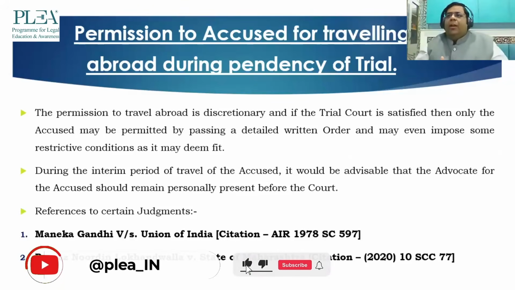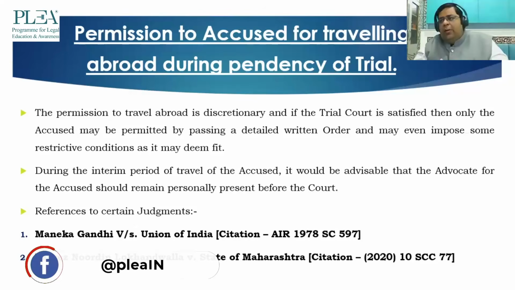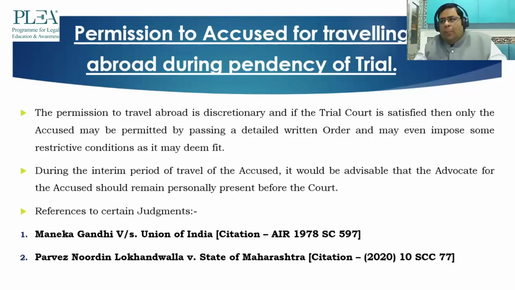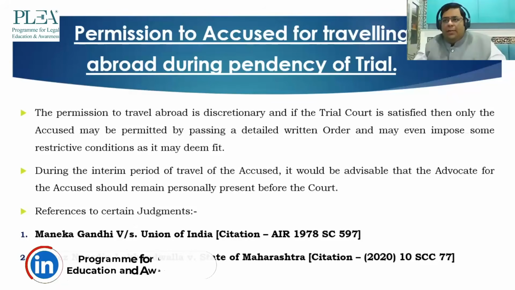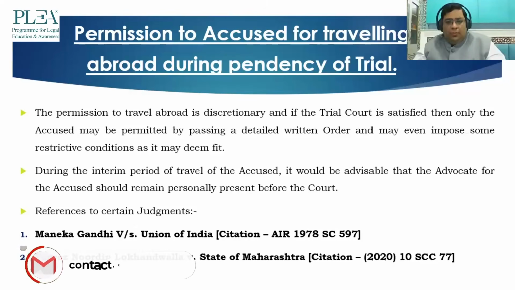Sometimes the accused, even despite furnishing surety, may be asked to furnish additional surety, either a cash surety or a fixed deposit, or keep any other property in lieu of his travel, so that the court can, if required, attach it and recover the amounts from the same.